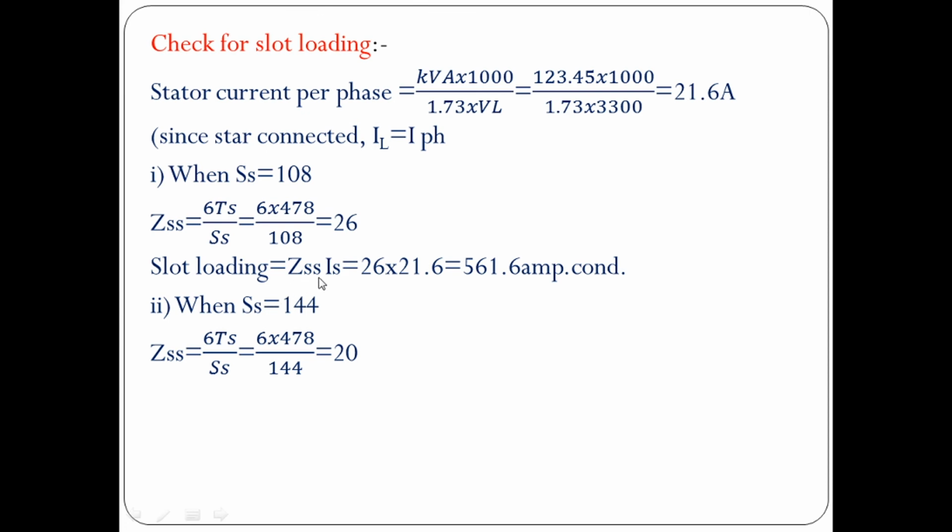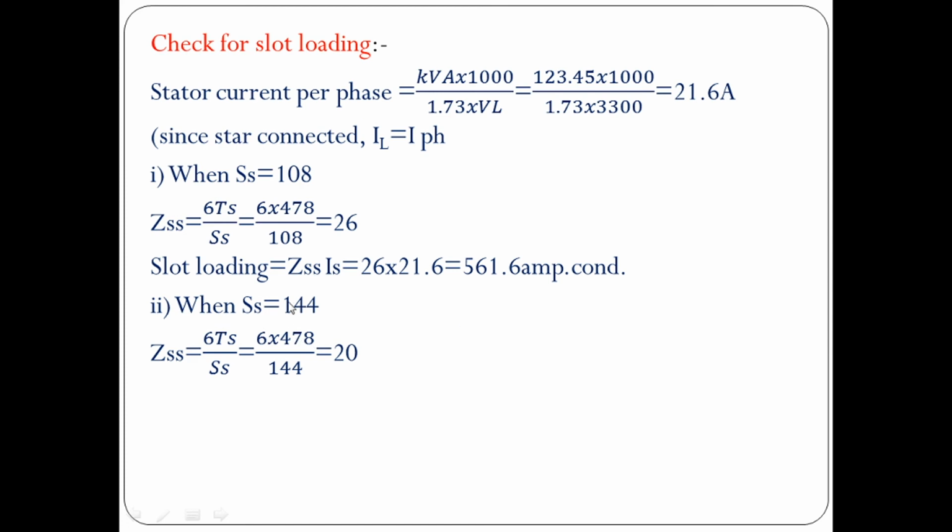Slot loading is ZSS into IS, so 26 into 21.6, which gives 561.6 ampere conductors. This is higher than the slot loading value given in the statement of the problem, which is 500 ampere conductors.